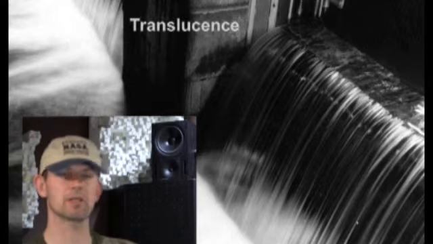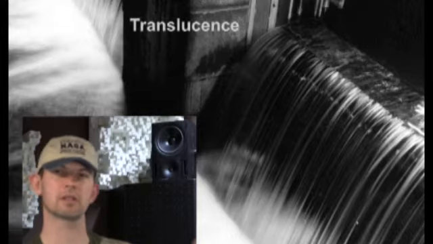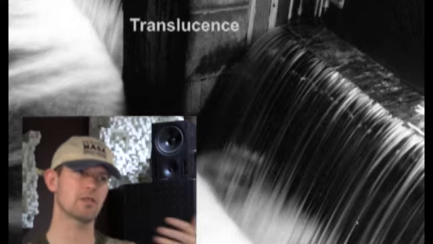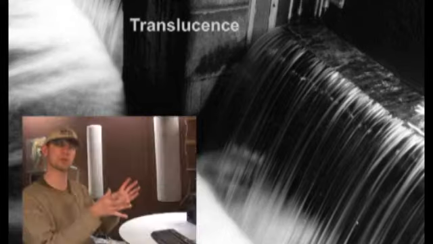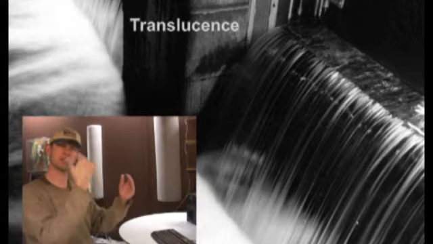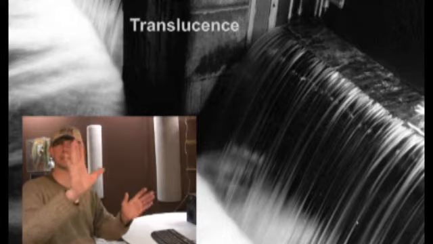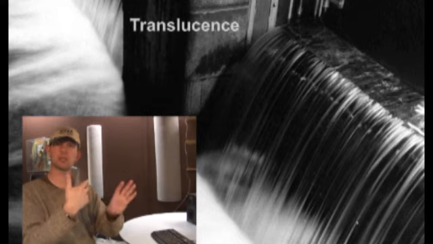Translucence is also a kind of subset of refraction. It's a little bit like specularity. Translucence is when light passes through a material and is diffused. If you hold a piece of paper up against the light, the light shines through the paper.